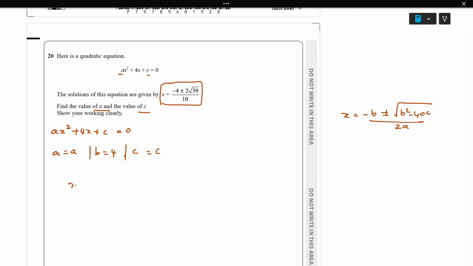So I'll apply here minus b, so minus 4 plus or minus the square root of b squared. b squared is 4 squared, which is 16, minus 4 times a times c, over 2 times a.